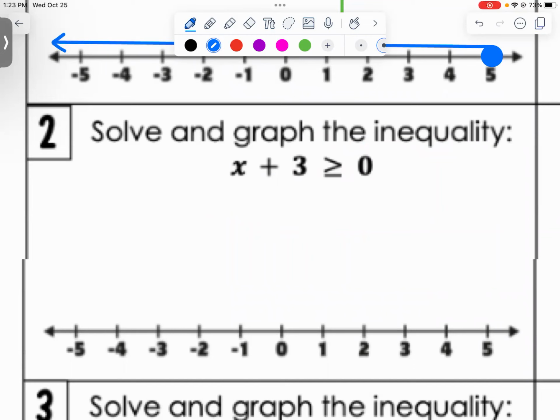No, equals negative 3. That's right, we say negative 3. Oh, cool. That's really cool. You got 20 seconds.